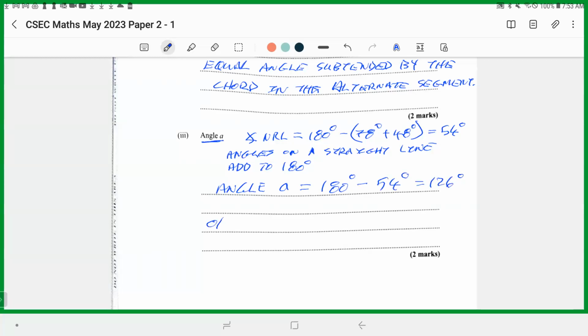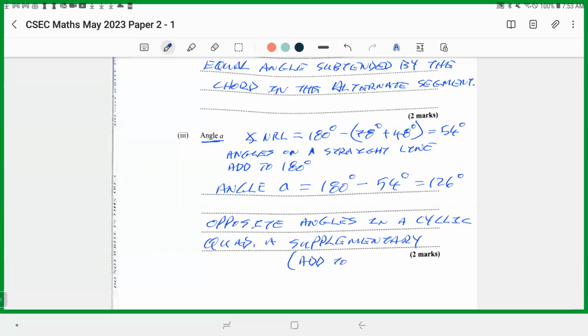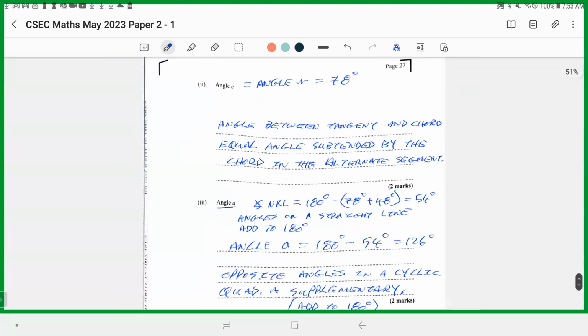The reason for that is that opposite angles in a cyclic quad are supplementary. And supplementary means that they add to 180 degrees.